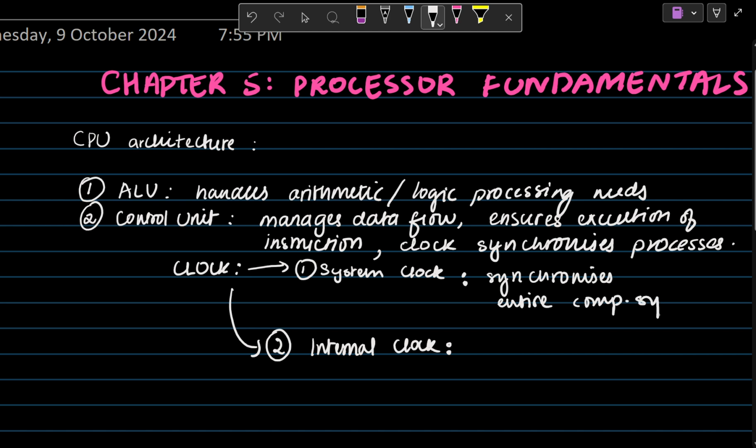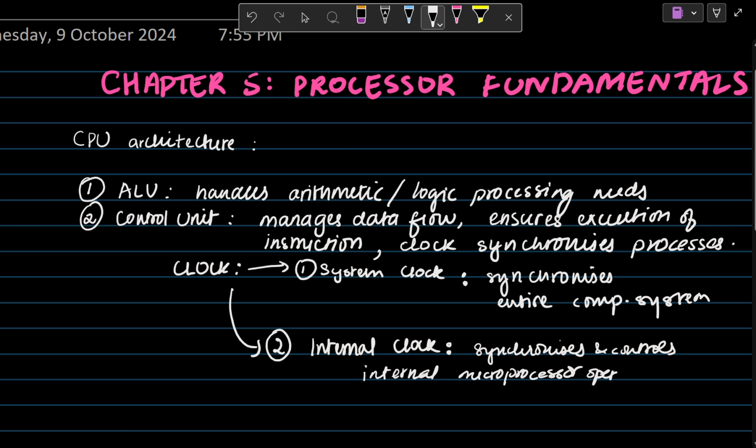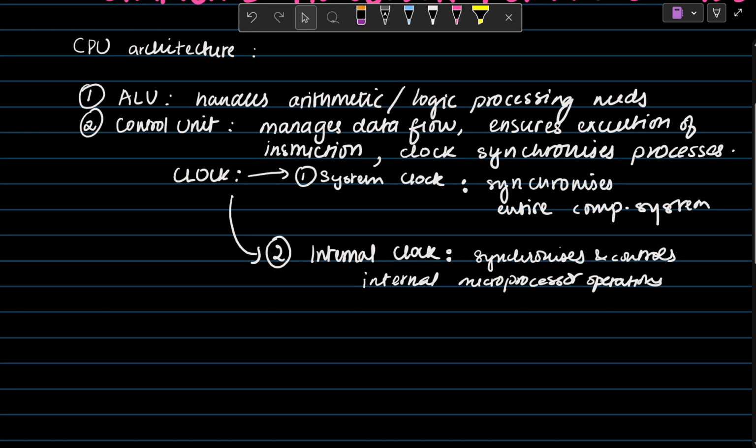And internal clock is the electric signal controlling microprocessor operations. So this synchronizes and controls internal microprocessor operations. So hopefully so far you guys have understood what's going on here.